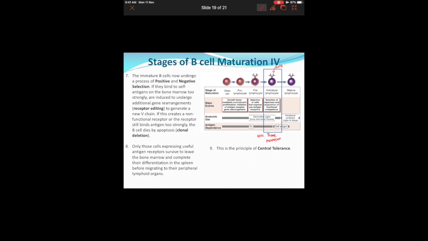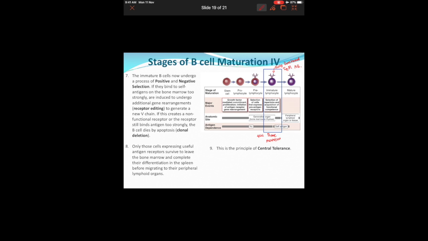This is where selection happens now, because within the bone marrow you have these nurse cells which are expressing self-antigens. And these immature B cells, through their receptors, are binding or sticking to these self-antigens.